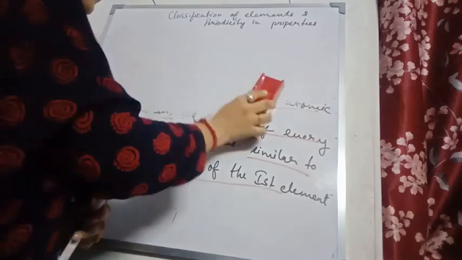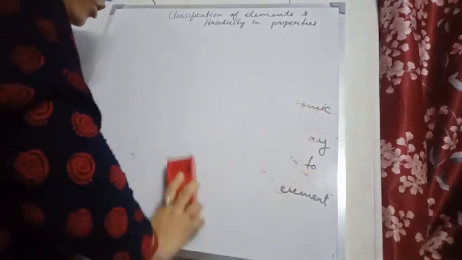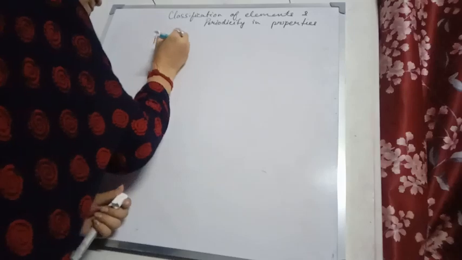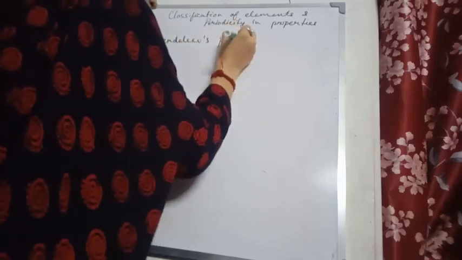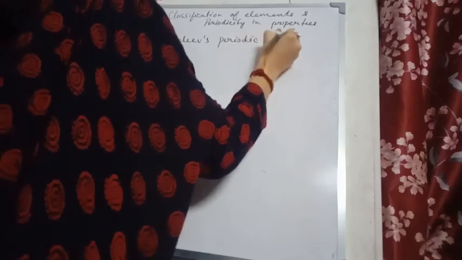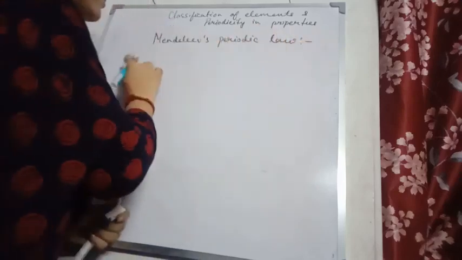The third one is Mendeleev's periodic law. So let's define it.